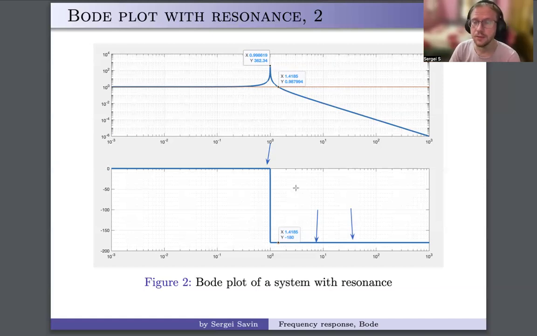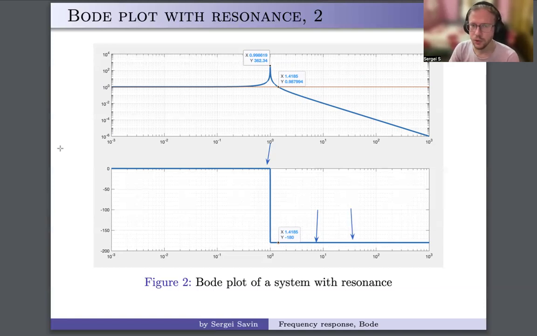Questionable behavior. I'm not saying that you cannot work with it. There are plenty of cases where resonance is useful, plenty of cases where unstable behavior is useful. I'm just saying that it is important to be able to tell how your system is going to behave. And that is achieved with a Bode plot.